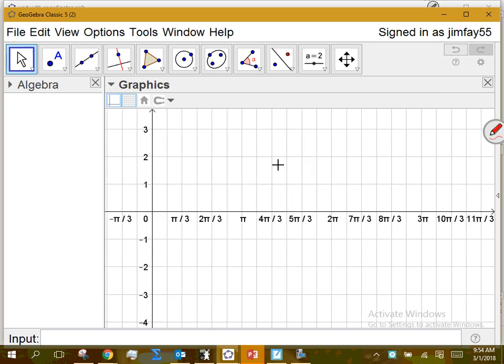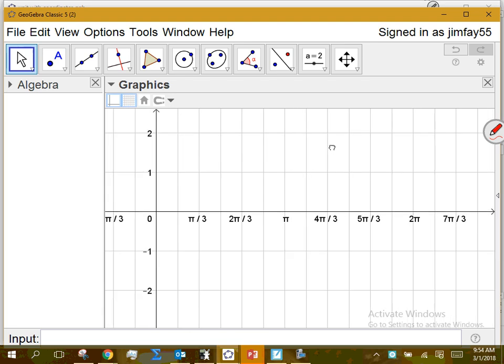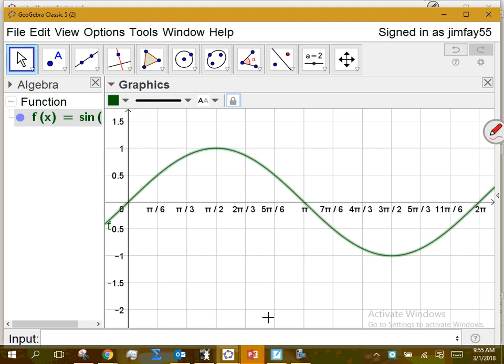Okay, so I like GeoGebra because I can force it to put my radians on the x-axis here. If I type in what we just did, I just type in sine of x. That's the curve that we just came up with, and we came up with just that picture there, right?